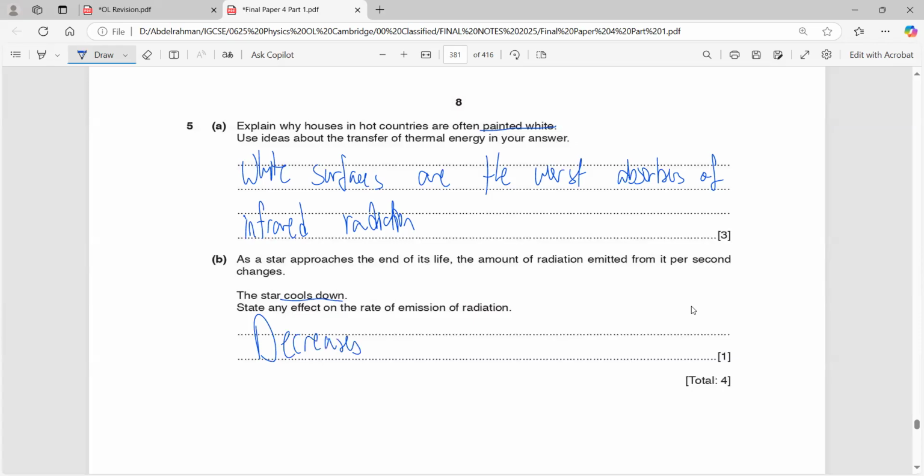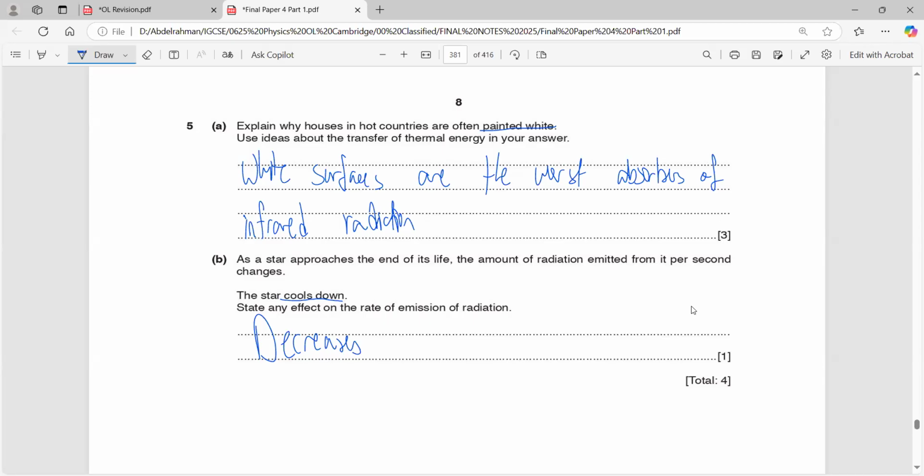The amount of radiation is affected by the temperature. It's affected by the color of the surface, the roughness or smoothness of the surface. It is affected by the volume or the shape of the surface. If you increase the surface area, the rate of emission of this infrared radiation would increase.